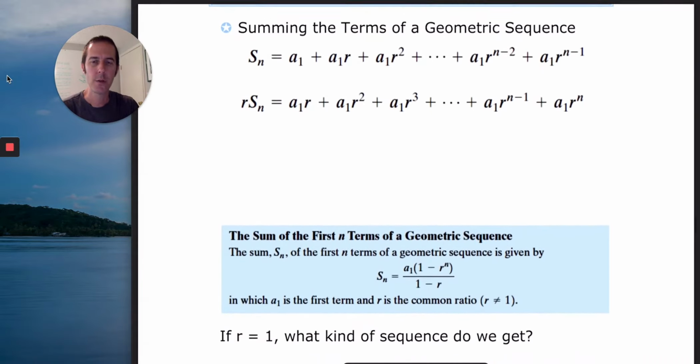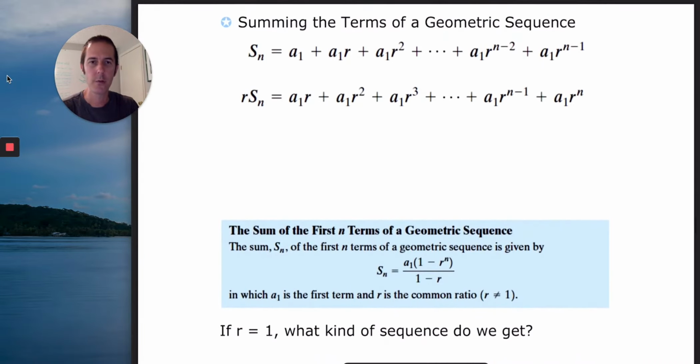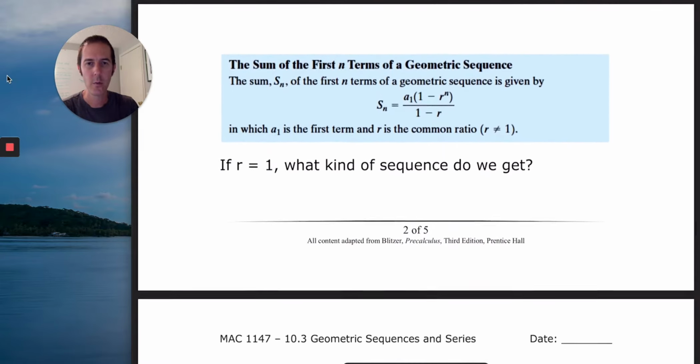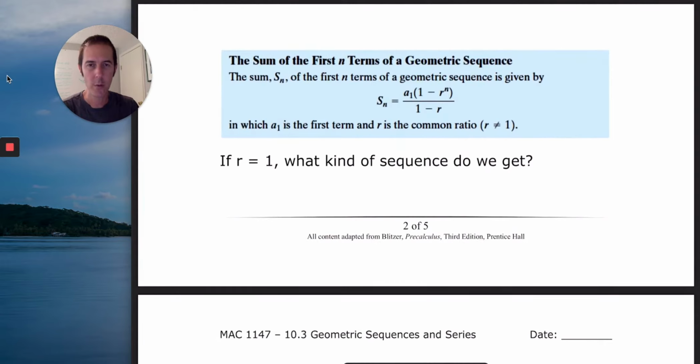In these printable notes, this is an opportunity to articulate the derivation of this formula. I'm not going to derive this formula for you, but let's have a look at it. This is to find the sum of the first n terms, a specific number of terms of a geometric sequence, S sub n.